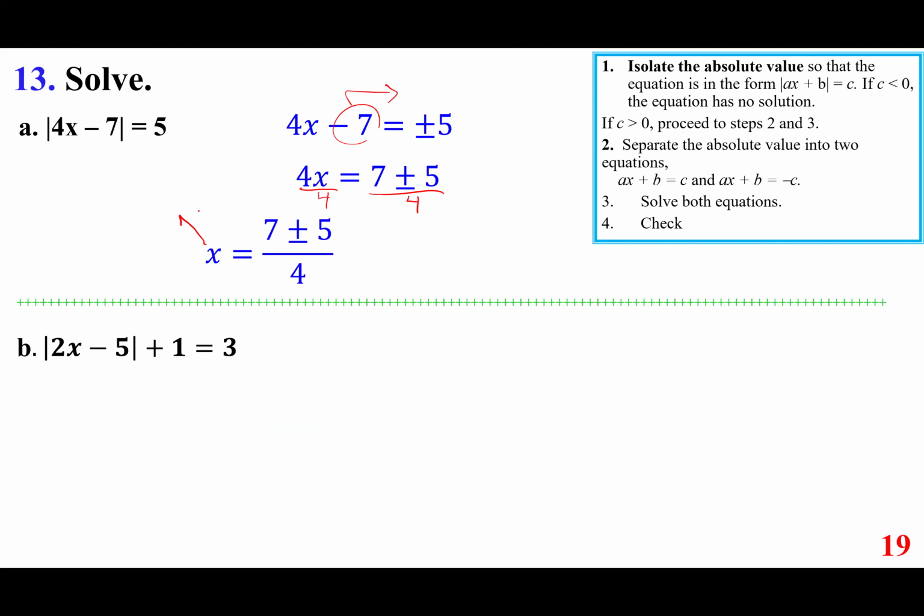So that gives you 7 plus 5 divided by 4, 7 minus 5 divided by 4. This is 12/4, which is 3. This is 2/4, which is 1/2.